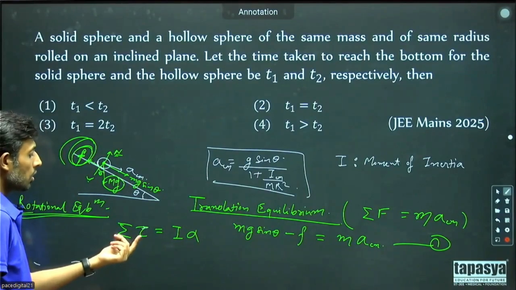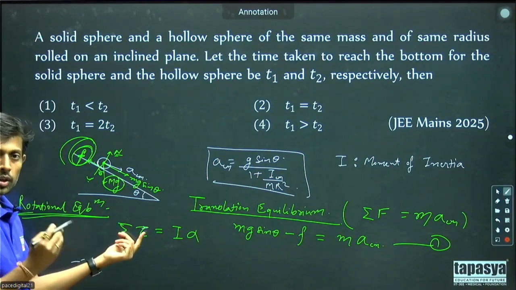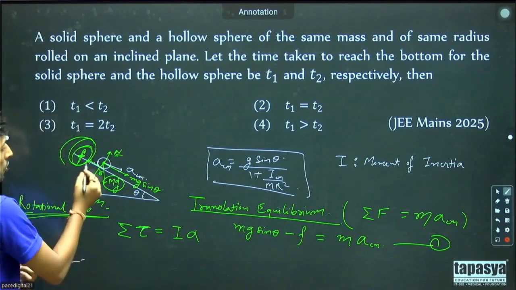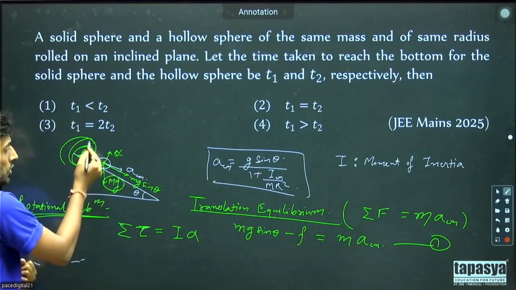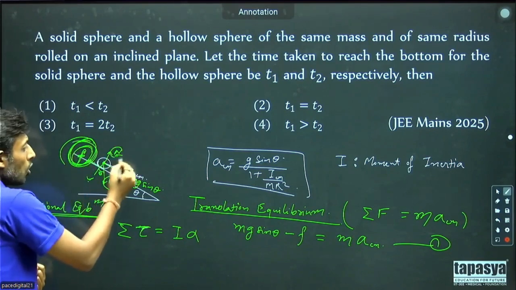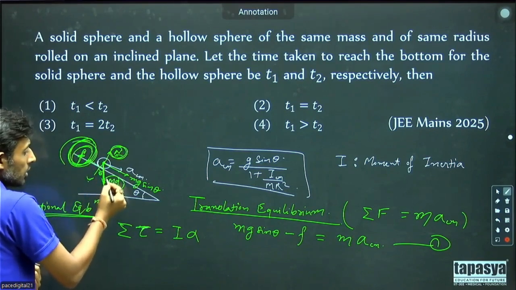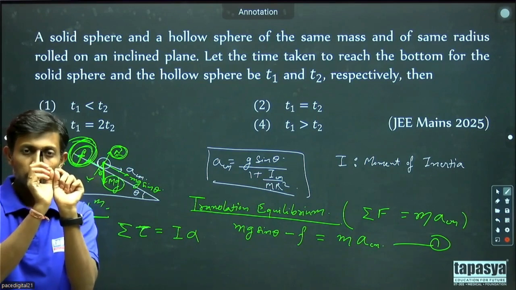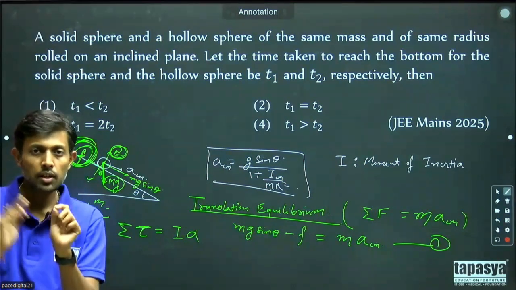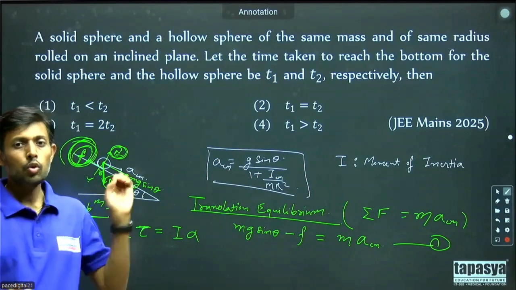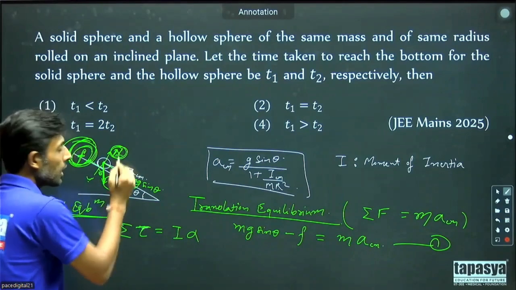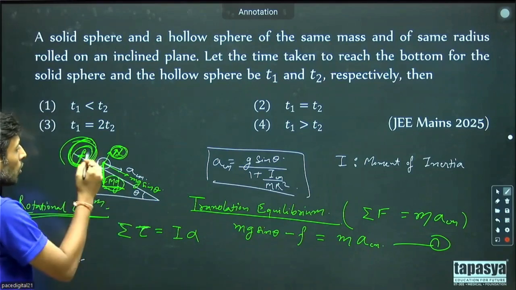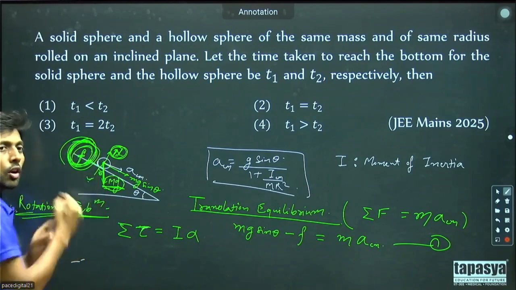Now, what is the torque about the center of mass? What are the forces contributing to torque about the center of mass? It's only one force, the frictional force, because both normal and the weight are passing through the center of mass. So the distance of the point of application of these forces from the center of mass is 0. No torque will be contributed by the normal reaction force, and no torque by the weight mg.